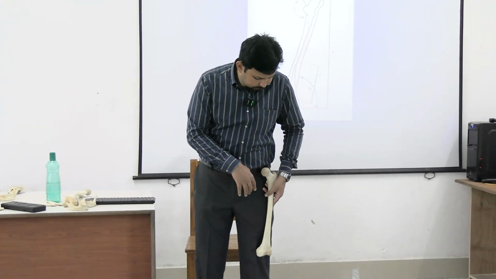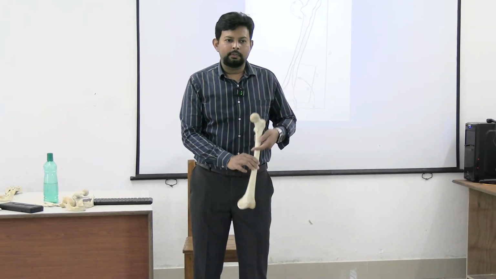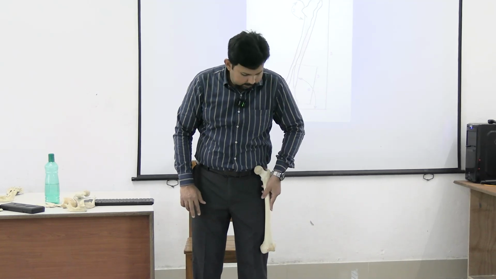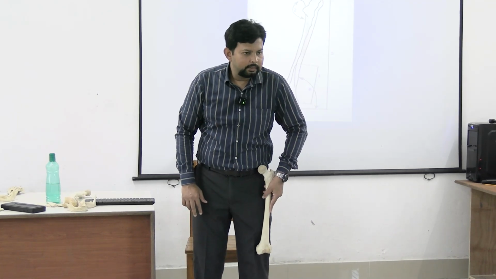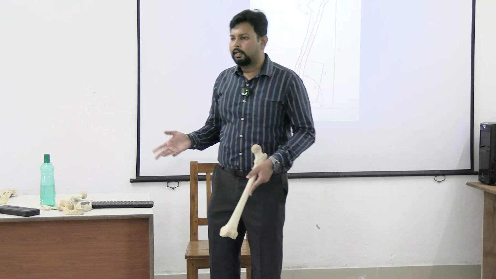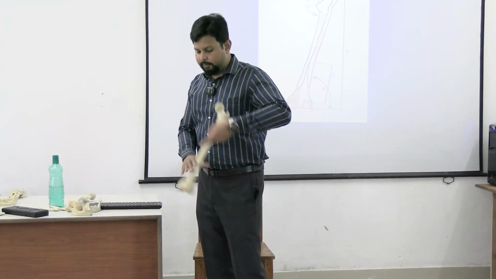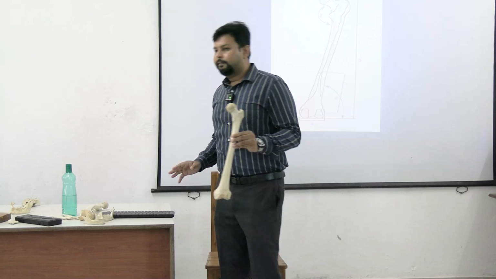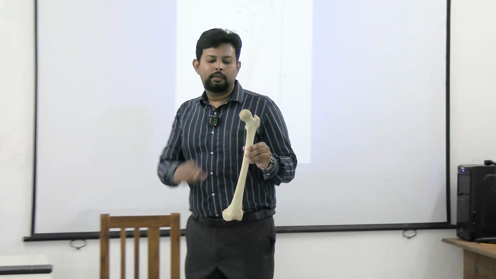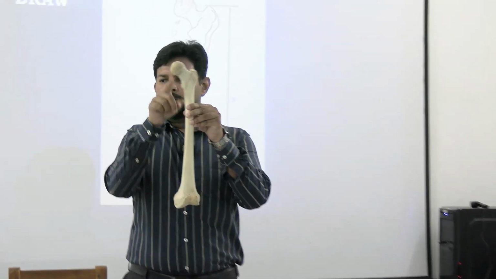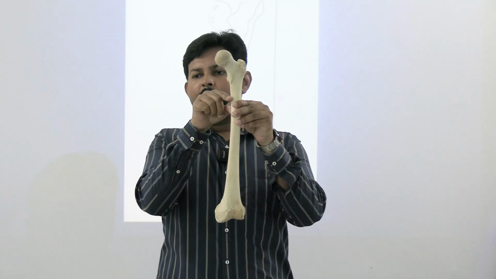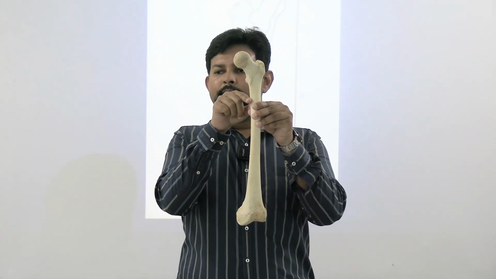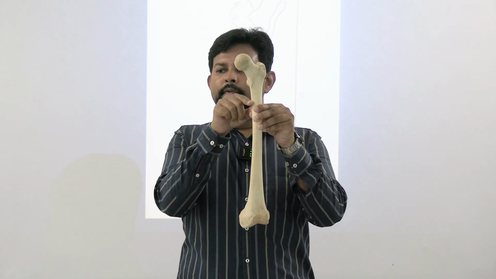Do you understand why it is so? In females it is more like this, and in males it is more erect. So that forms the angle. Clear? Females it will be more like this, males it will be like this. Fine? So 125 degree, more than 125 males, less than 125 females.